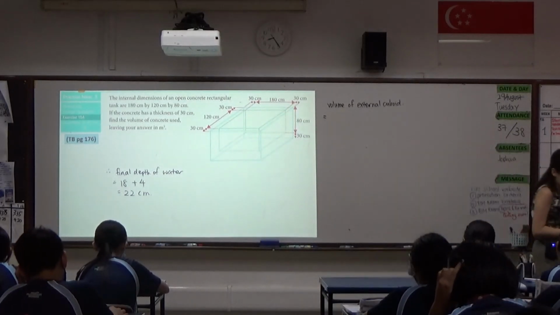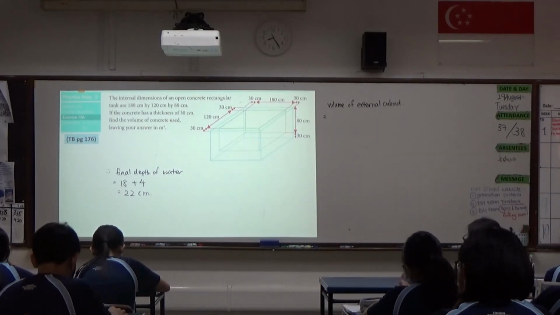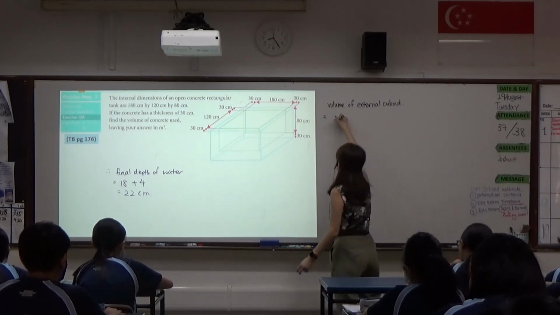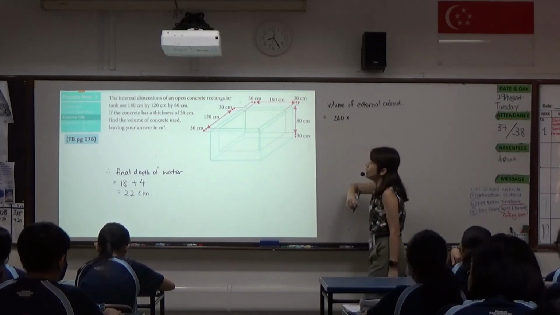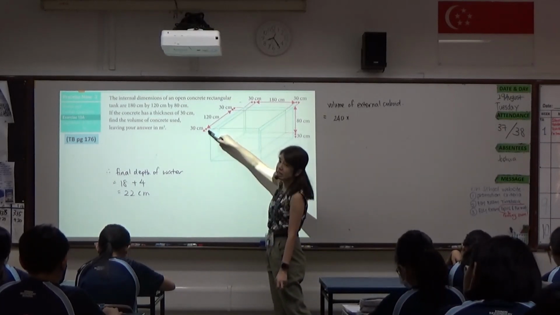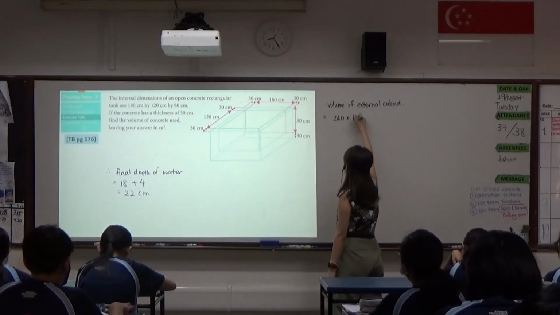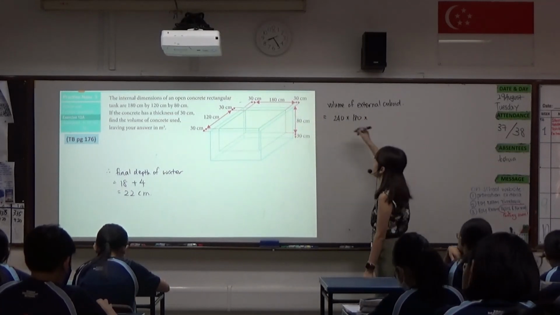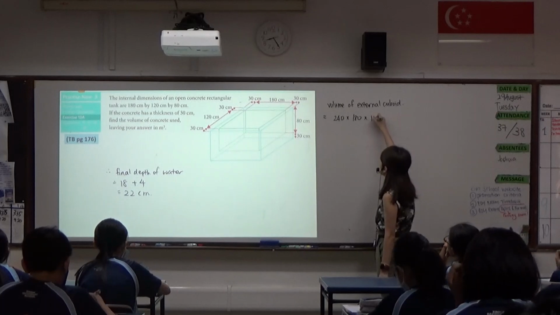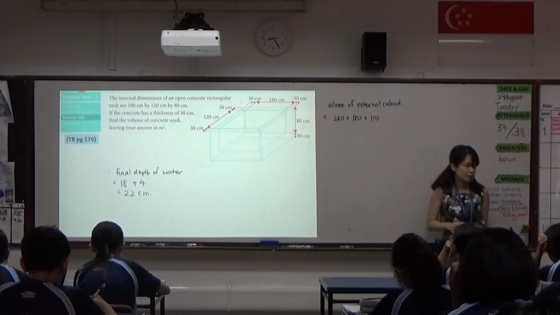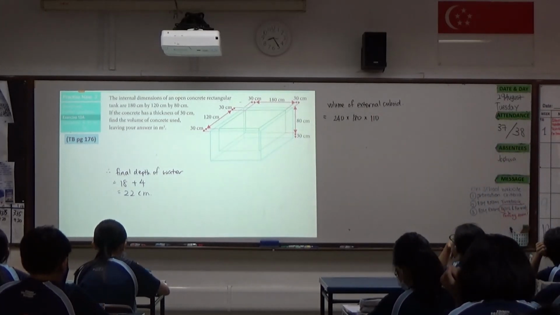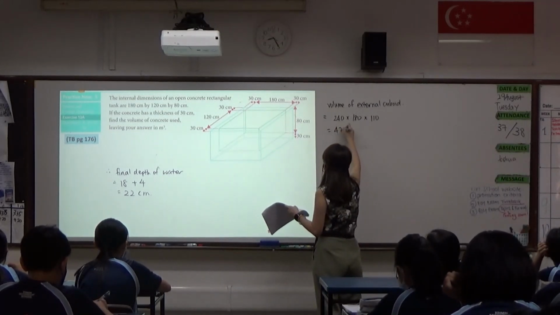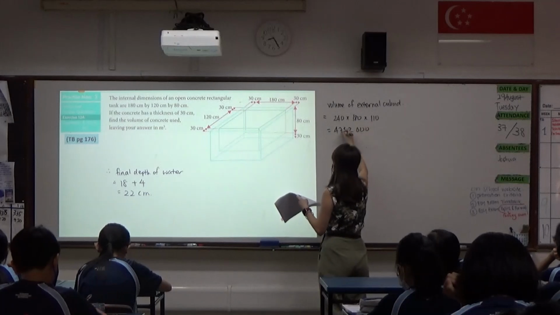So if you were to compute that, that will be what? 240, right? And then the breadth here will be 180, followed by the height of 80 plus 30, that will give us 110. Which leads us to 4752, followed by 3 zeros.